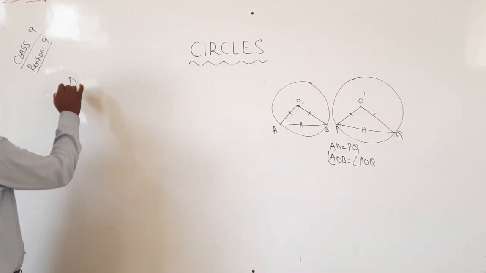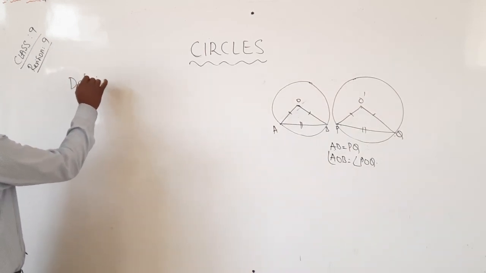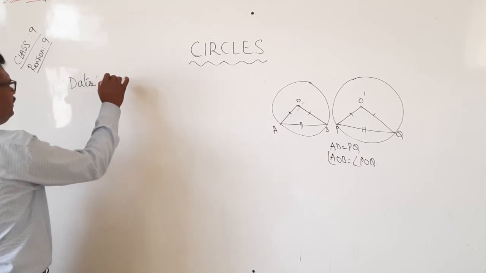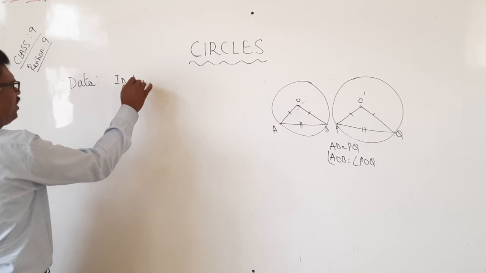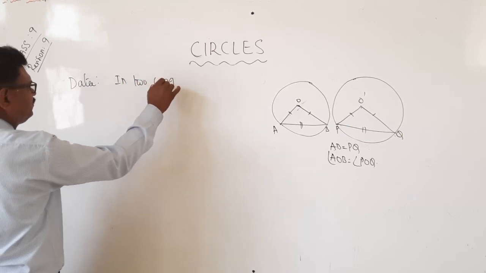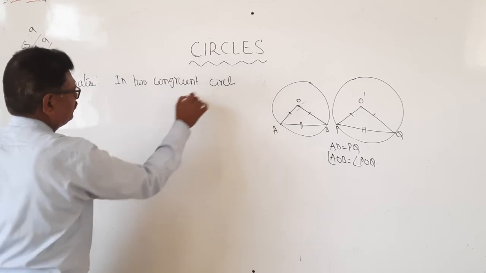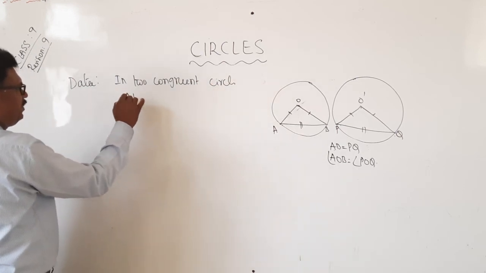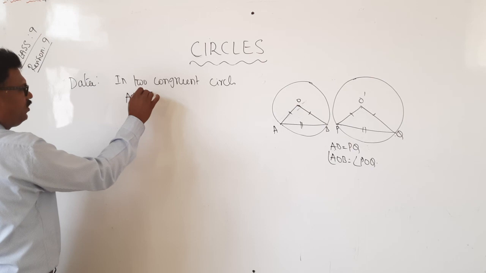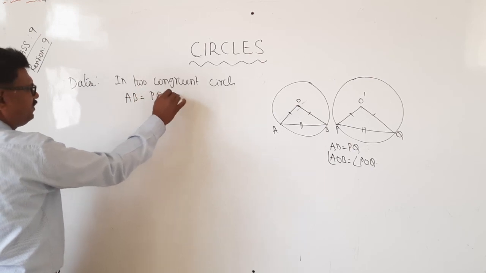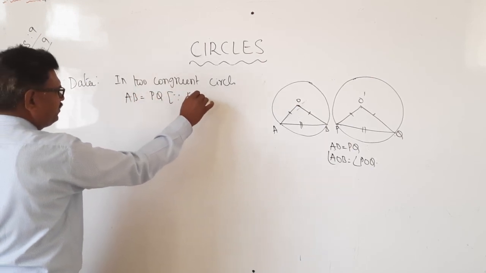Now very simple, like this. Now data. What has he given as data? In two congruent circles, AB will be equal to PQ because equal chords.